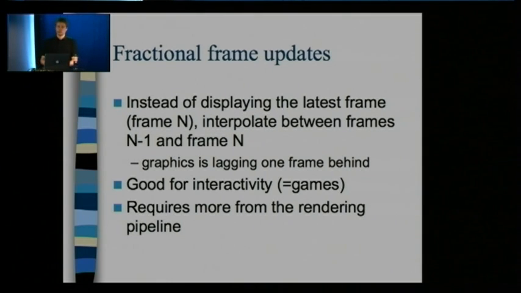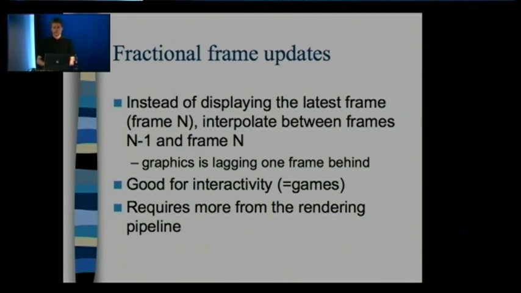For games, this is pretty good, but it requires a lot more from your rendering pipeline. With this kind of approach, you need to interpolate the frames. You need to make sure that somehow your engine will handle the fraction correctly and so forth. For demos, I've never seen a real reason for this, but for games, it's awesome, and you really should consider it if you're going to do a game.